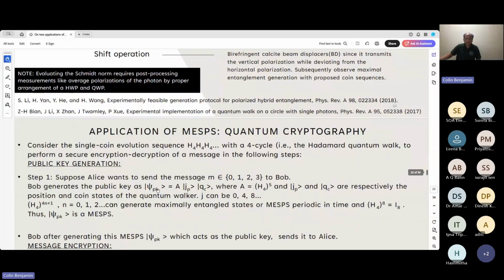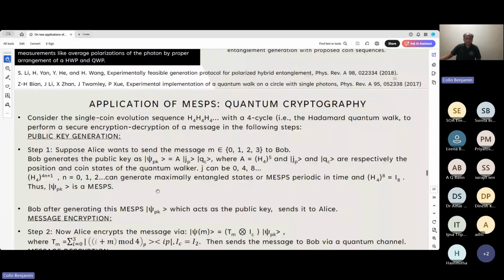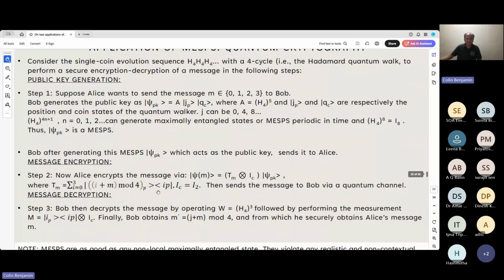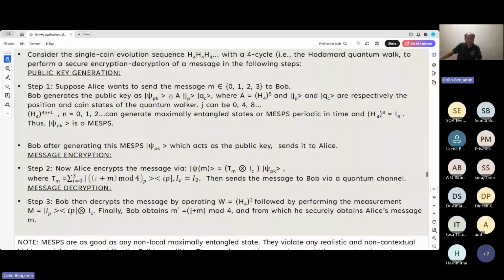And we also show how to generate a cryptographic proposal. What we do is we want to transfer some secure message between two parties, here Alice and Bob. And this message is encoded in the sites of our cycle. Here is a 4-cycle. And Alice wants to send any of these messages, 0, 1, 2, 3, to Bob.